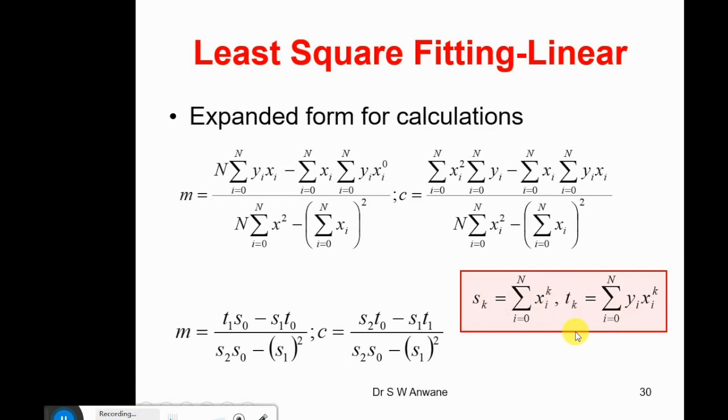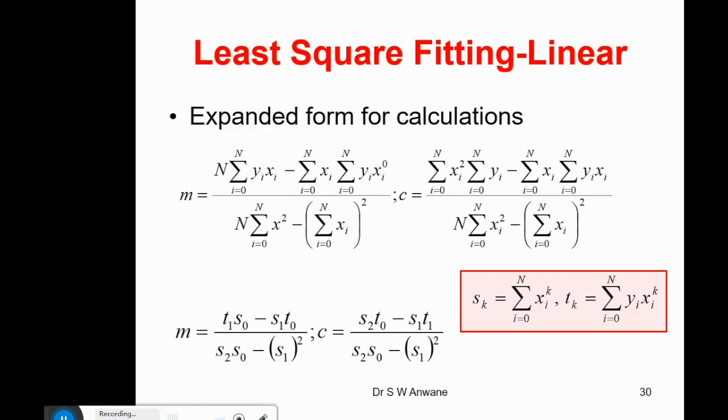So if we resubstitute the S and T in the form of summations, you can just pick up a piece of paper and pencil and work out that these are the equations where the quantity n has arrived from summation xi to the power 0.